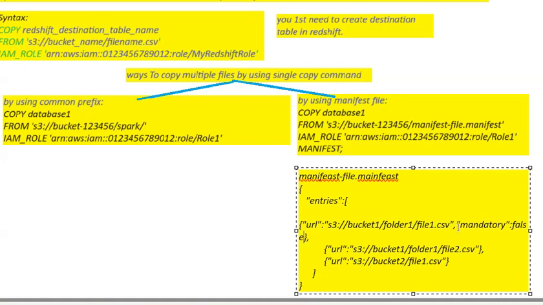That you need to specify here. If you specify false, and the file is not there, then it just moves to another step. If you specify true, then the entry, the file URL that you provided, must be copied first, and only then will it reach the second. So this is one of the fields. This is how the format of your manifest file will look.